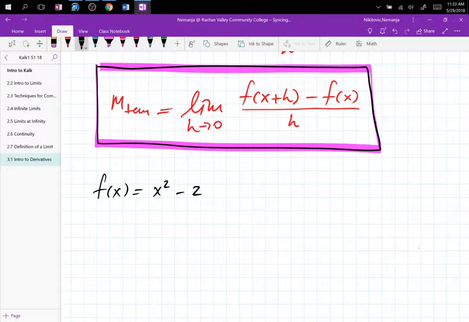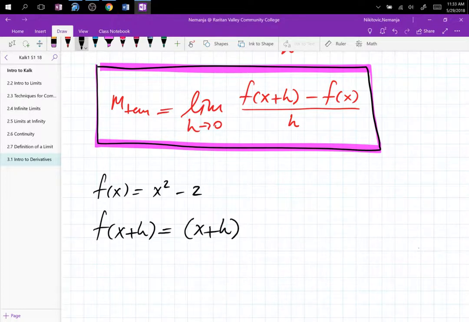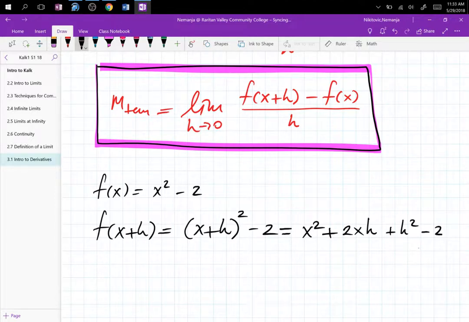See, now I have f of x. I create f of x plus h, which is, we replace x with x plus h in the formula. We get our standard calculation. And now, no a's. Everything is in terms of x.